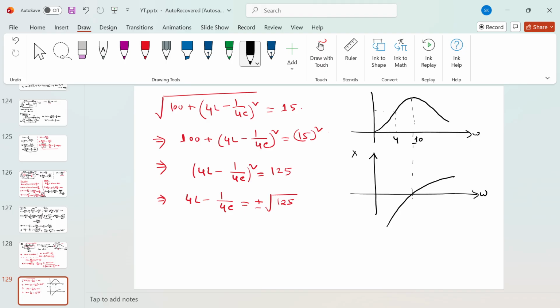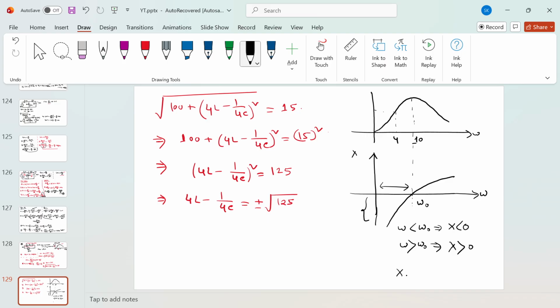For omega less than resonance frequency omega naught, your X is negative. That means your circuit behaves as a capacitive circuit. And for omega greater than omega naught, X is positive, that means the circuit is inductive.